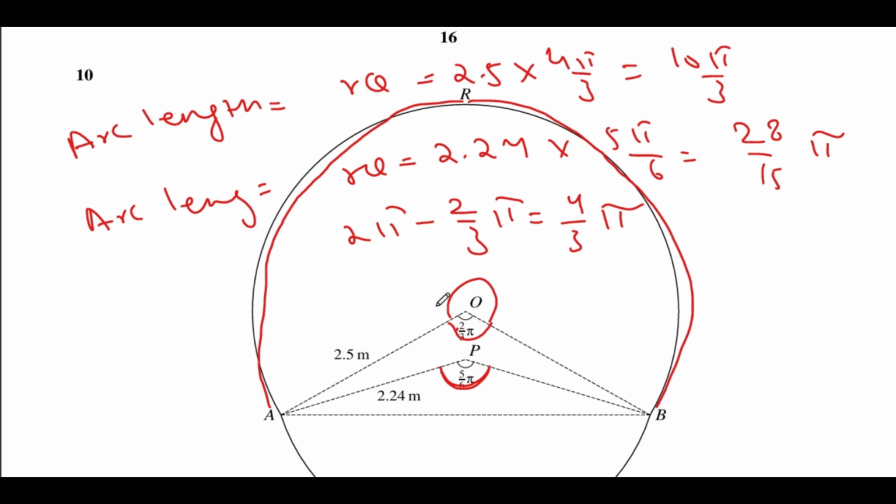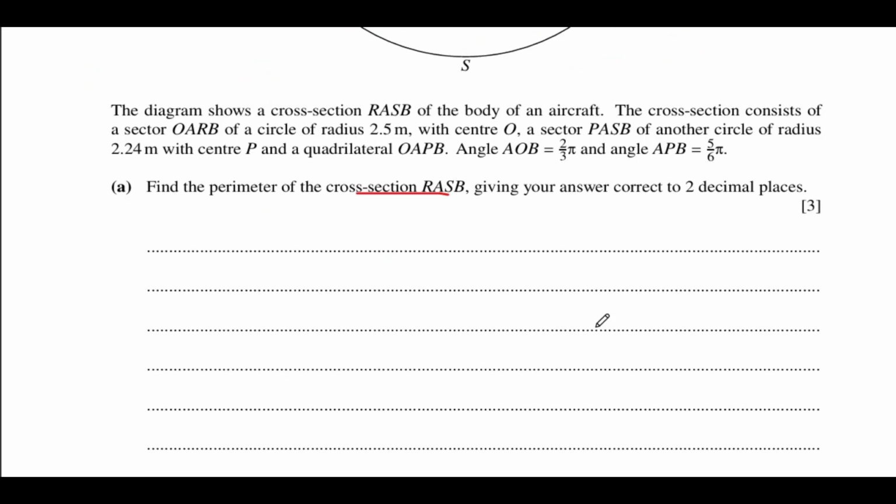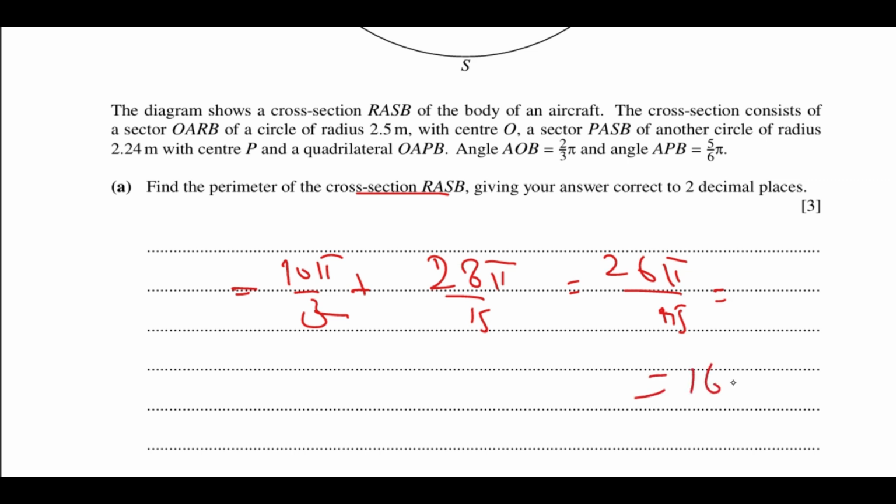By adding these two, 10 pi by 3 plus 28 pi by 15 gives us 26 pi over 15... 5 3s are 15, it will be cancelled out, so it will become 5. 26 over 5, 16.34 meter. So that will be our perimeter.